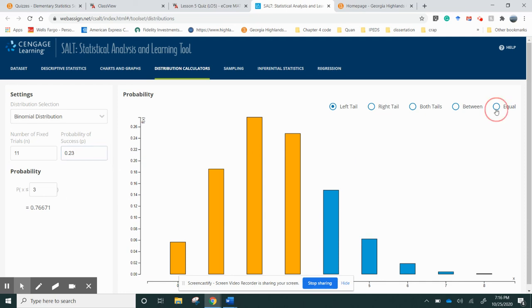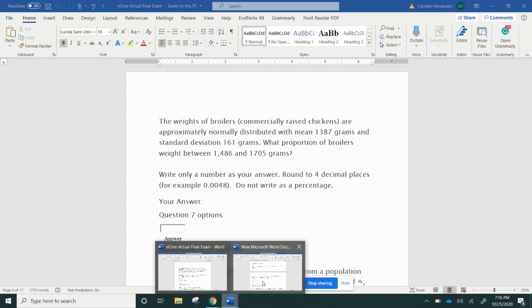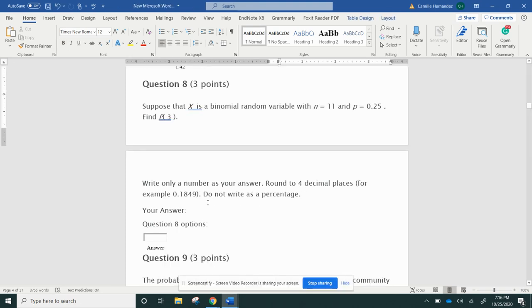So I change it to equal, and if I put 3 here, that's what I get: 0.24808. It's asking for 4 decimal places, so I'm going to put 0.2481. So that's the answer for that one.